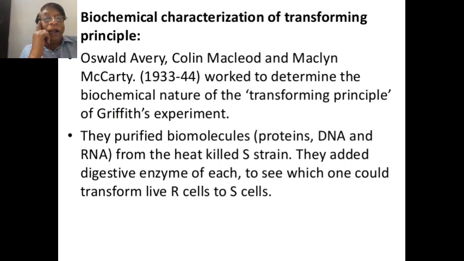Then they added digestive enzymes of each. Digestive enzymes means protease enzyme to digest proteins, RNase enzyme to digest RNA, DNase enzyme to digest DNA, to see which one could transform R cells to S cells.